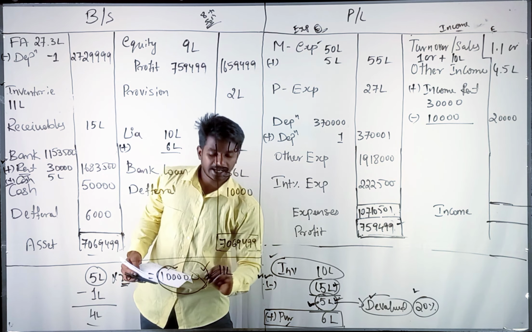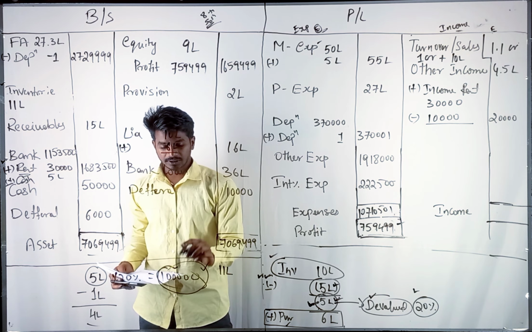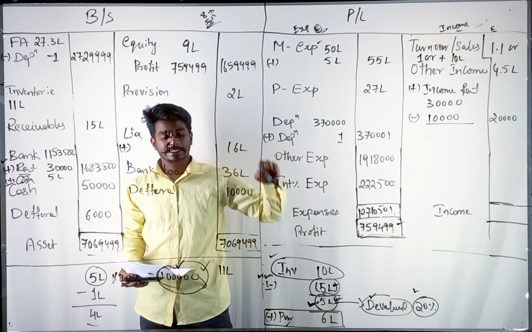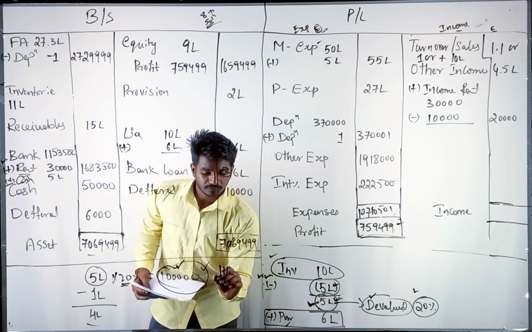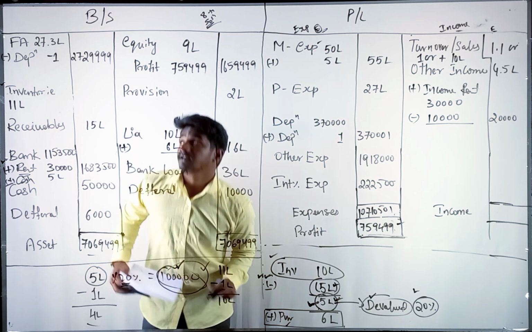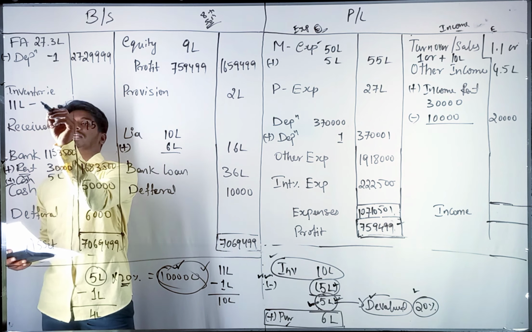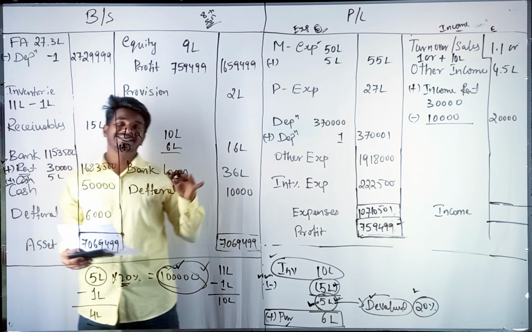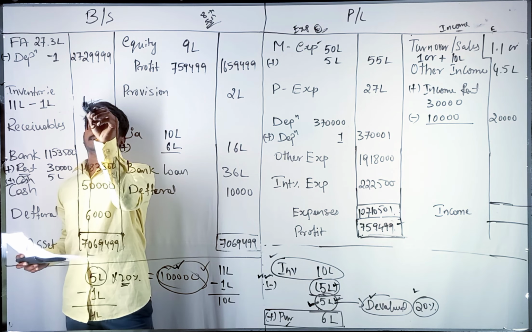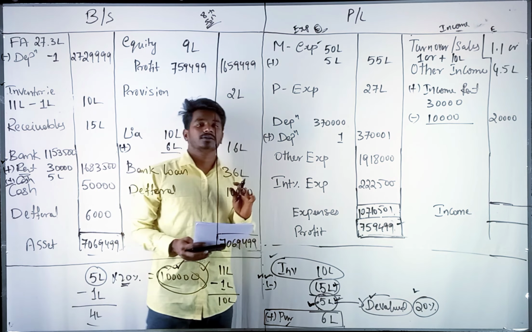Out of the 11 lakh, 1 lakh rupees of stock value is decreasing. Remaining 11 lakh minus 1 lakh, if we devalue, that means reduce the value of inventory, it will be 10 lakh rupees.